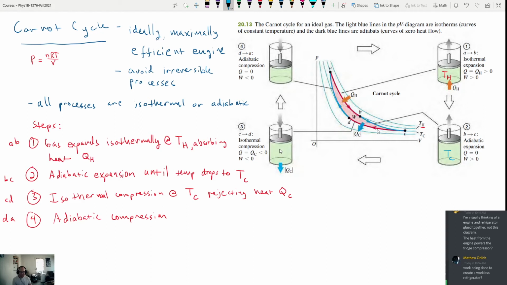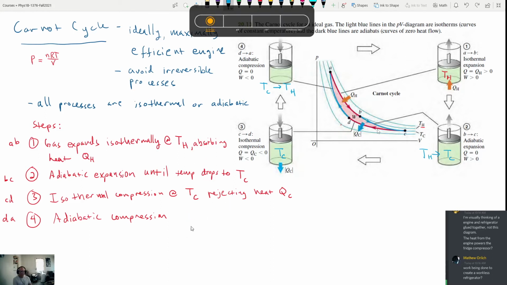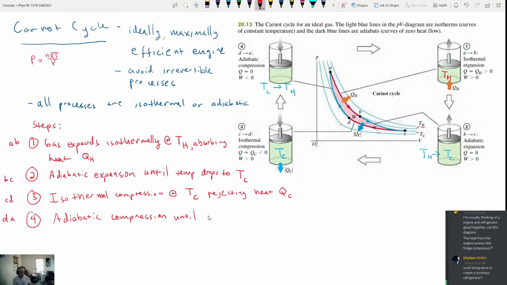This step, TH goes to TC. In this step, it's at TC. And in this final step here, TC is going to go to TH. That's kind of the temperature change process. So adiabatic compression until it's back to its initial temperature. Let's keep the color the same. And that is your Carnot cycle.